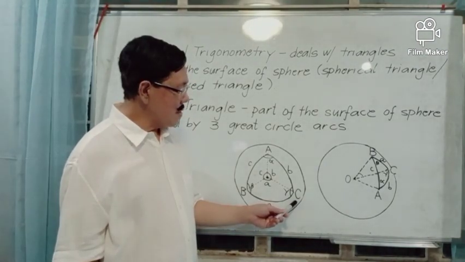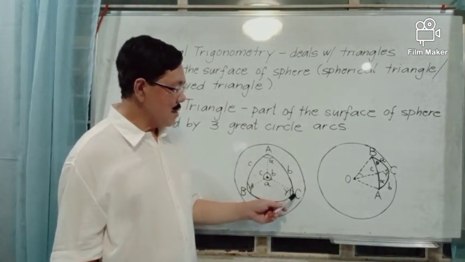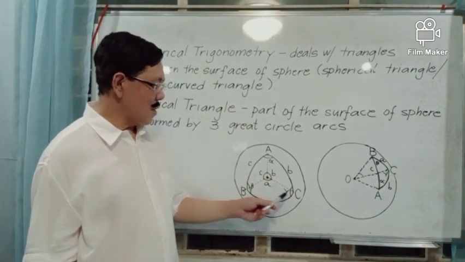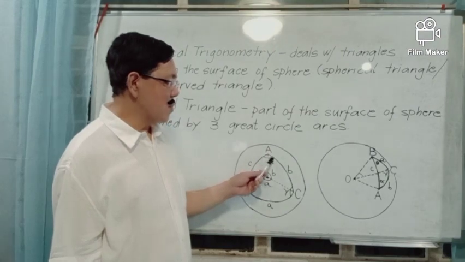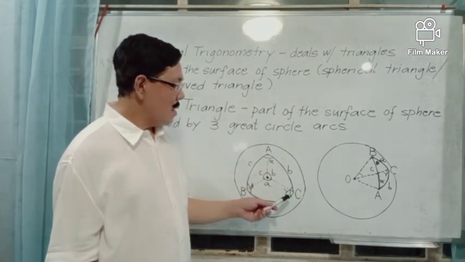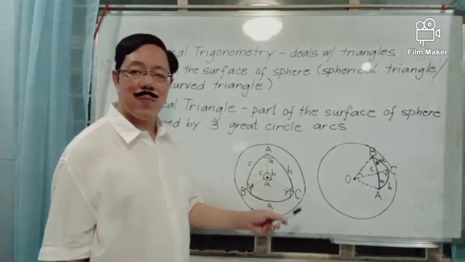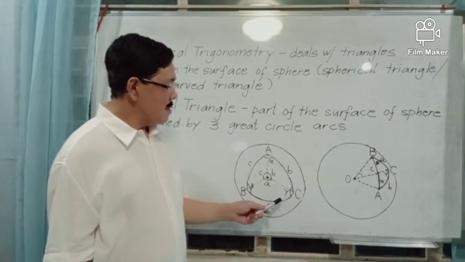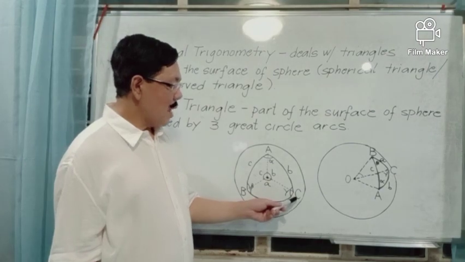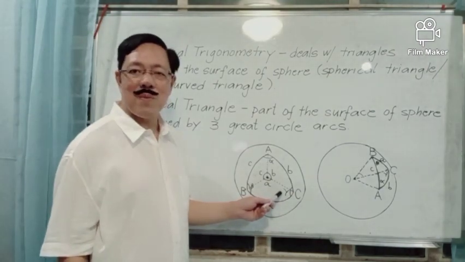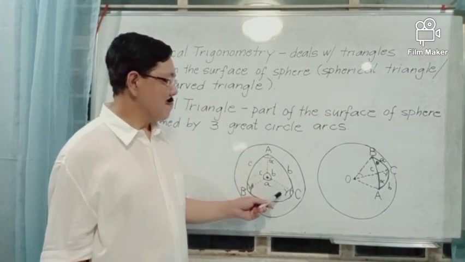the third angle at vertex C is formed by the intersection of this arc through vertices BC and the arc through vertices AC. And these arcs are parts of 2 great circles. The angle formed by the intersection of these 2 arcs at vertex C is given by Greek letter gamma.